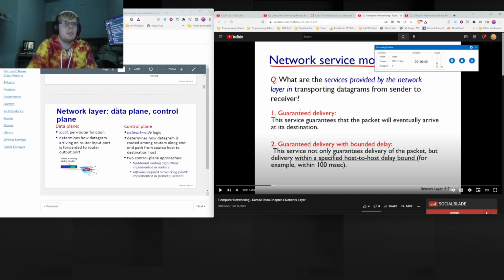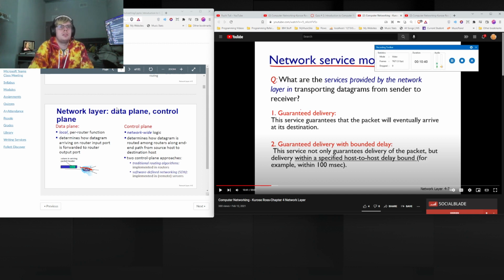Data plane is a local, per-router function that determines how a datagram arriving on a router input port is forwarded to a router output port.